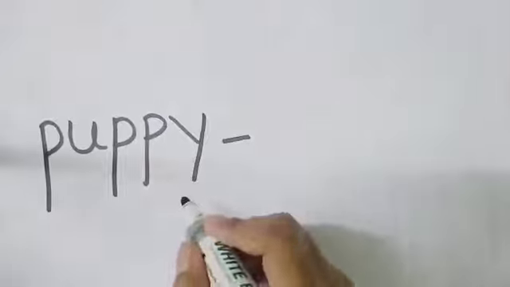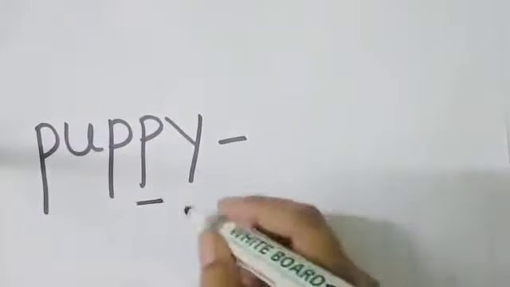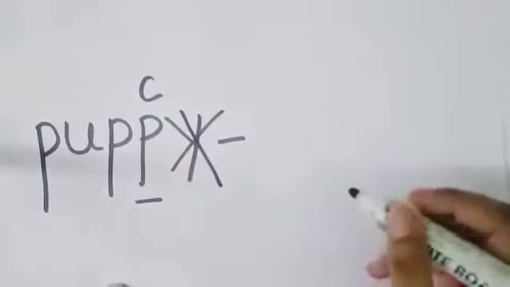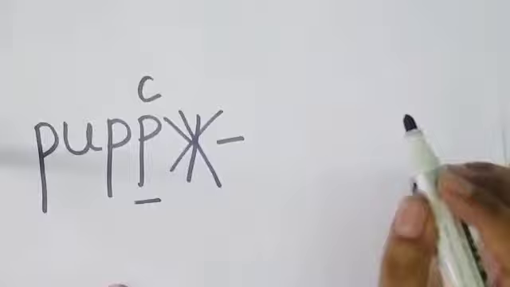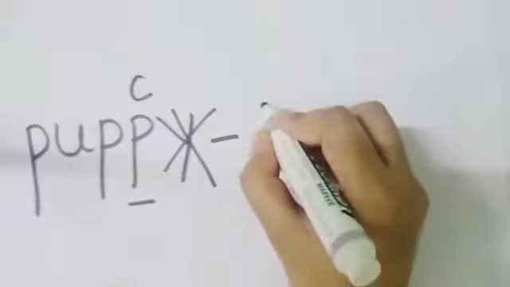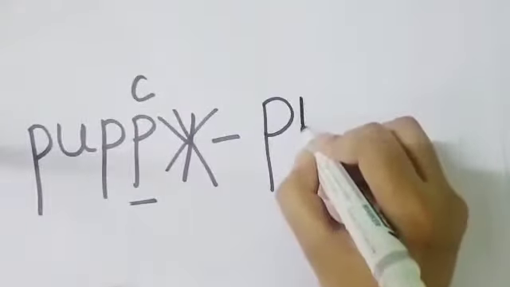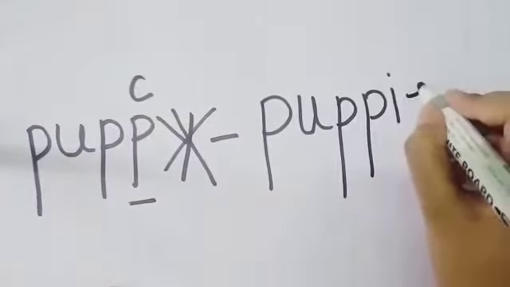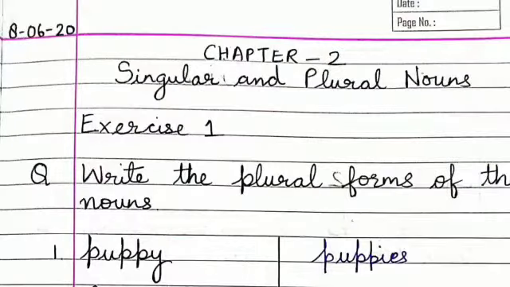Before the Y, P is there, and P is a consonant. So we are going to remove Y and add IES to make it a plural form. Puppy will be puppies, P-U-P-P-I-E-S.